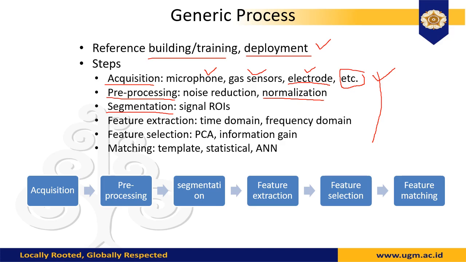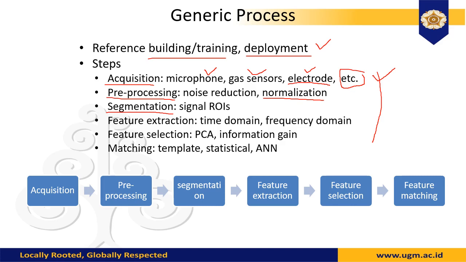In the second case, someone who would like to access a room has to push a button, for example, and then speak. In the first case, that person doesn't have to push a button and just speaks. Now, in the first case, the system has to know where the signal starts and where the signal ends. So it means that the system has to segment the data to find the region of interest of the signal.